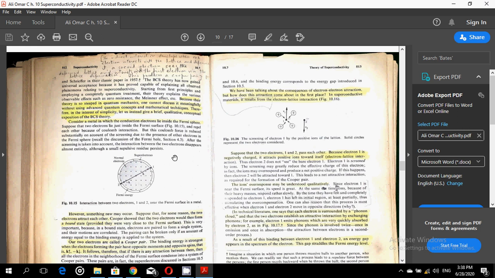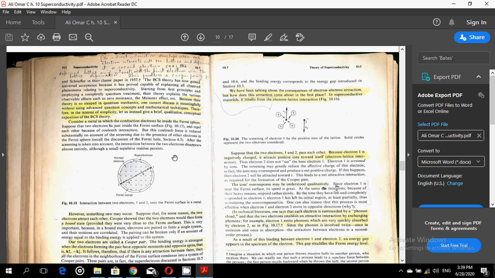Now this is very important because in a bound state electrons are paired to form a single system and their motions are correlated. So what we are going to suggest here as a conclusion of this theory is that these two electrons near the Fermi surface are paired up, which we call the Cooper pair.